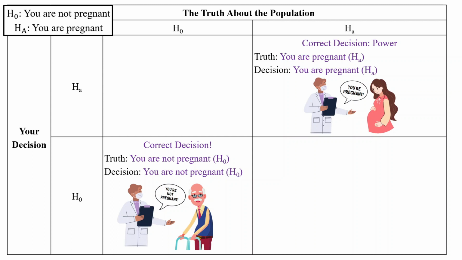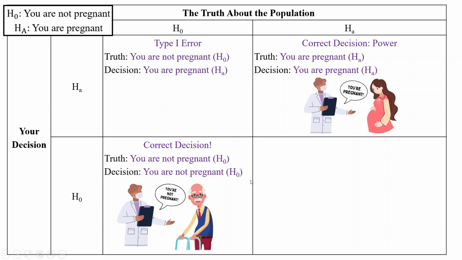But now we have some errors, right? What are our errors? Well, this is the type 1 error. And the way I draw these boxes, the type 1 error is always in the upper left box. I draw these boxes on purpose in this way so that my type 1 error is always described in that upper left box.